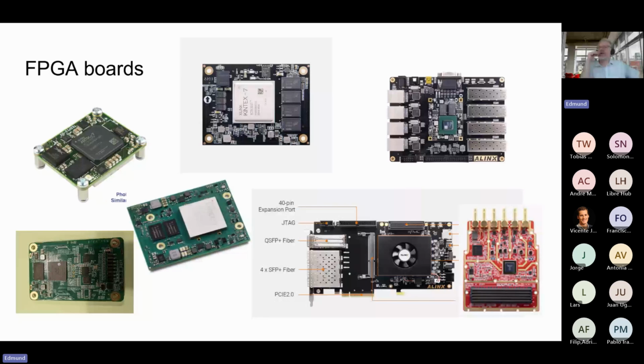And there are many boards which you can plug into an FPGA board to build your prototype research instrument, where you can choose what kind of analog digital converter you want to use, what kind of bits resolution you want to use, how many channels you want to use.